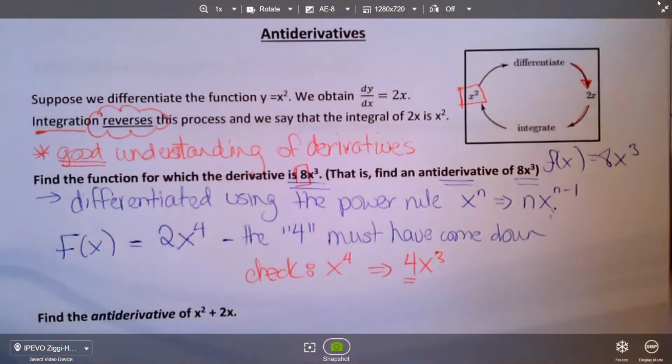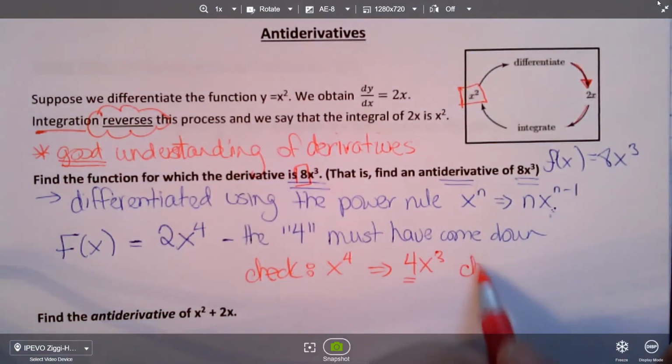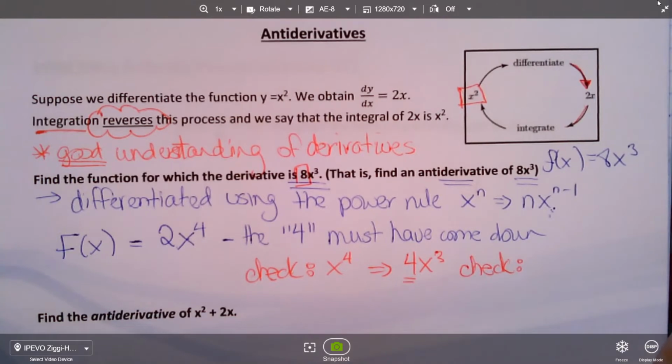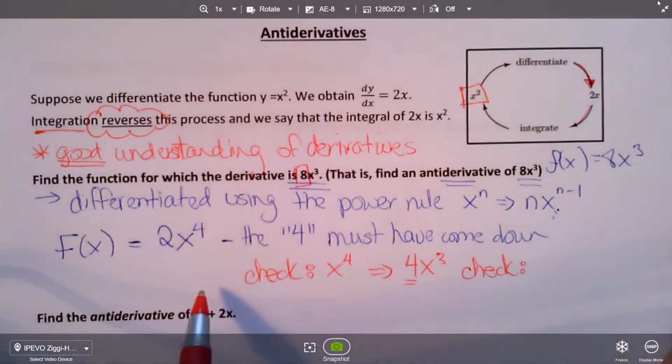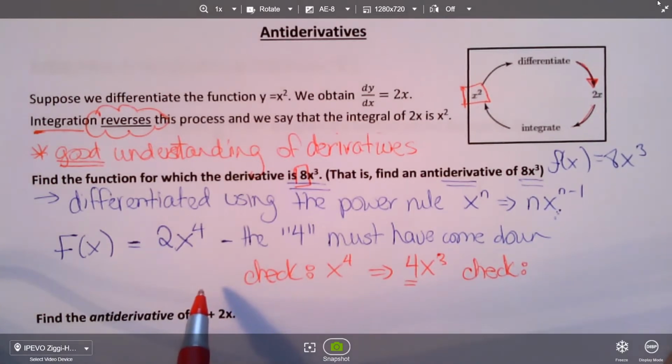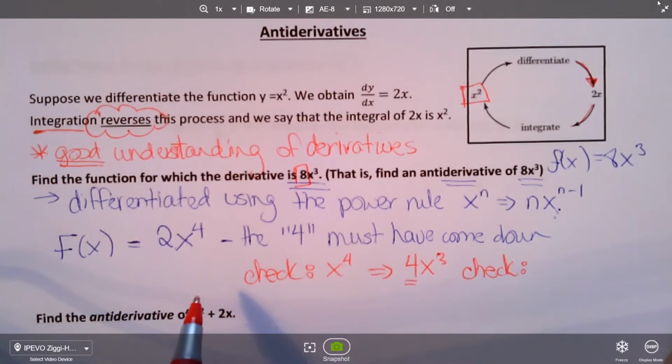So now when I go through and check, and that is one of the best ways to check your answers, since integrals and derivatives are inverse processes of each other, if you get your answer for your integral and you take the derivative of it, basically go backwards again, you should get what you started with. But to do that, you have to have a good understanding of differentiation, because if you don't know how to take a derivative and you try to check your answer, you might think something's wrong when it's not.